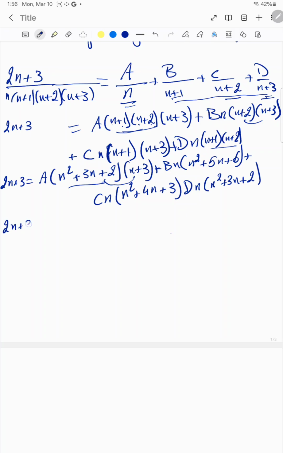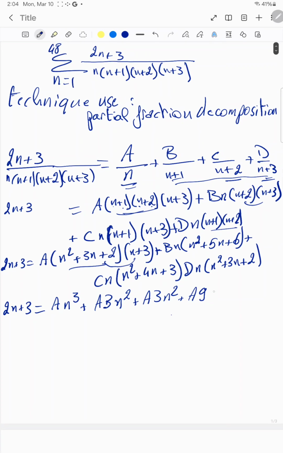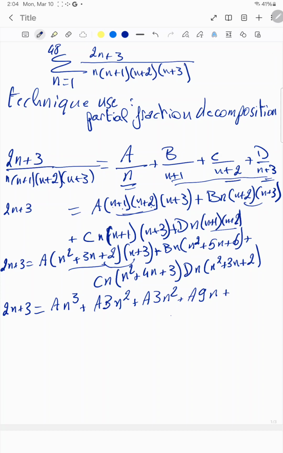I would have 2n + 3 equal, and here if I multiply it together I would have a times n cubed, and then n squared times 3 plus a 3n squared, and then a 3n times n plus a 3n squared, and a 3n times 3, it becomes plus a 9n, plus a times 2 times n is a 2n, and a times 2 times 3 is 6a.